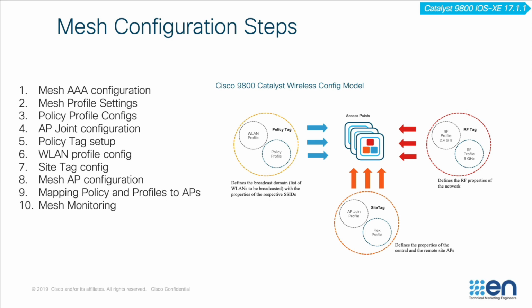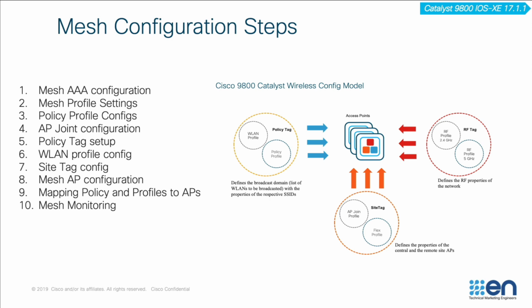So as you know, Catalyst 9800 has different configuration settings when it comes to configuring the controller with APs, and it's very different from the previously known configuration options on our AireOS wireless controller.